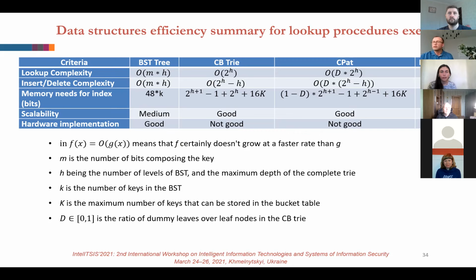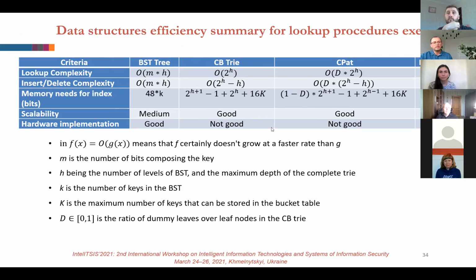Sometimes it's quite hard to compare, for example, two structures, BST and trees or tries. For example, trees with tries. So we don't perform some strict comparisons. That's why we use such light approach, like medium, good, or not good.